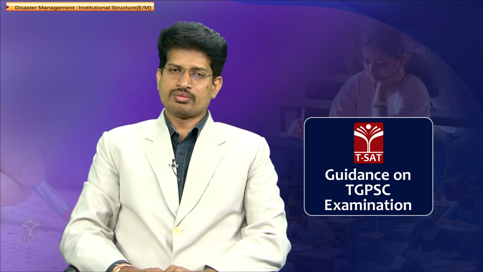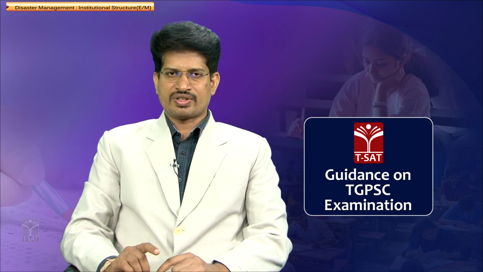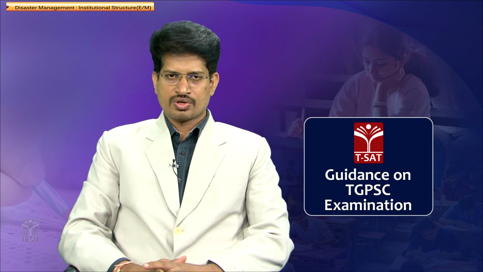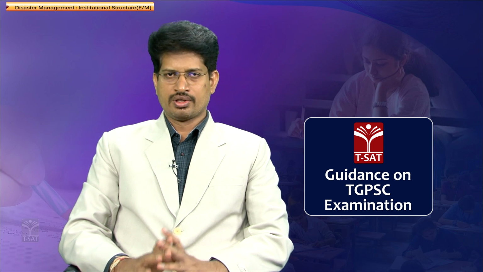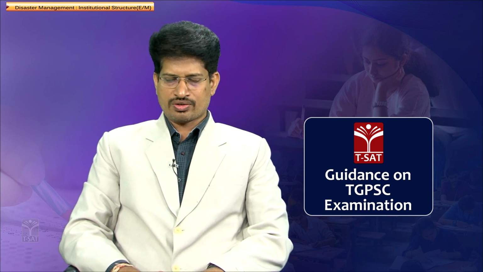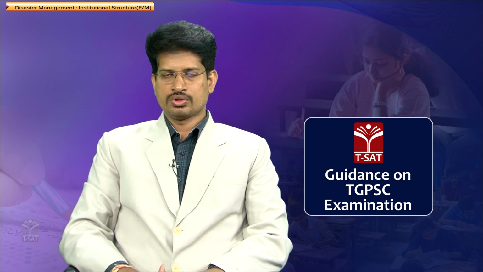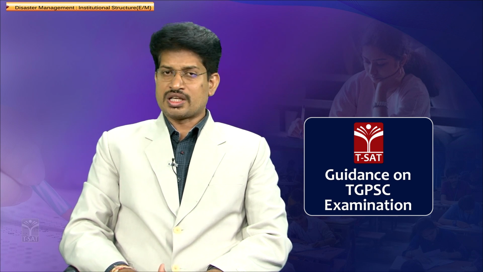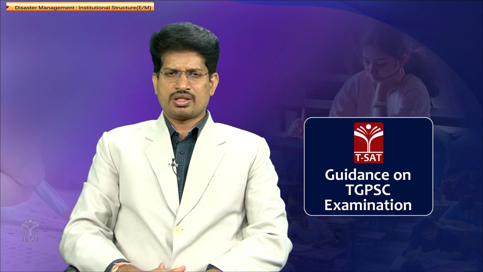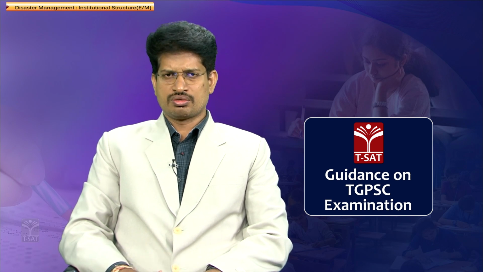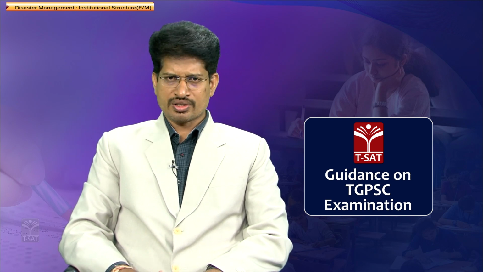The procedure needs to be followed after the occurrence of an earthquake or a pandemic. So stockpiling of essential resources, for example, stockpiling of medicines, vaccines, food, infrastructure, transportation systems, fuel. These are all different aspects which you need to stockpile in advance.